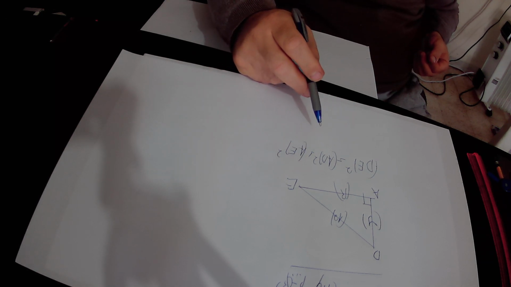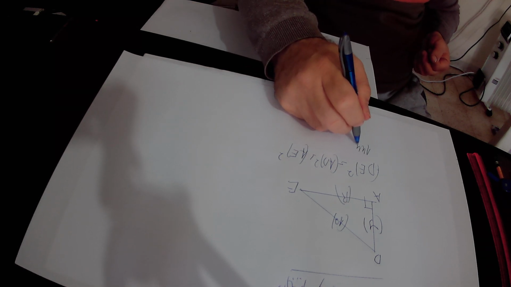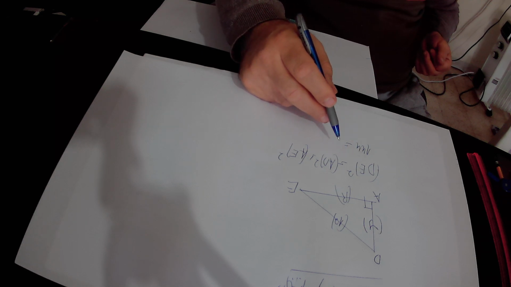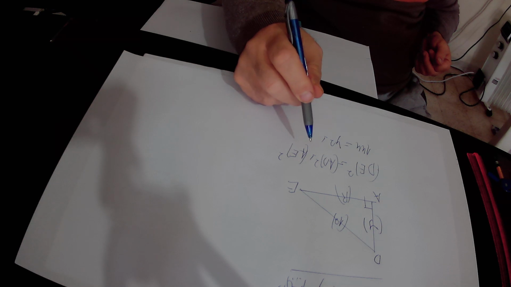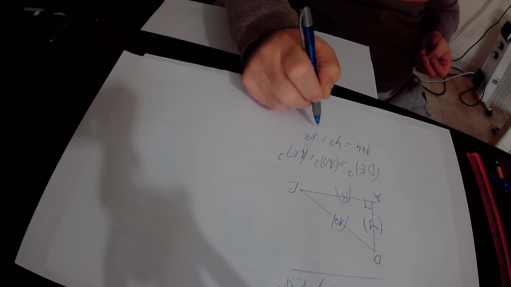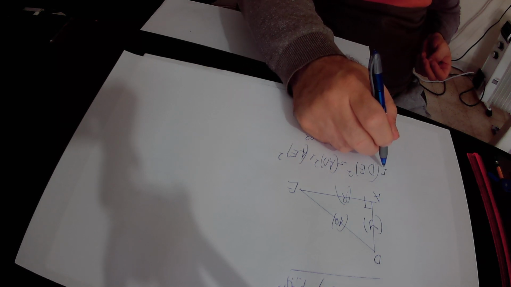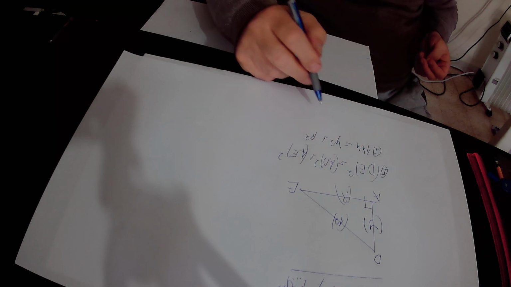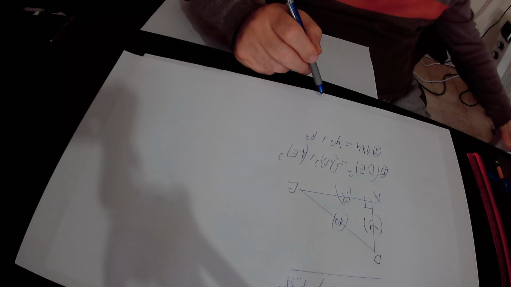DE equals 12, therefore DE squared is 12 squared, that is 144, and it equals AD squared. AD is y, therefore AD squared is y squared, plus AE squared. AE is R, therefore AE squared is R squared. So in conclusion, 144 equals y squared plus R squared.